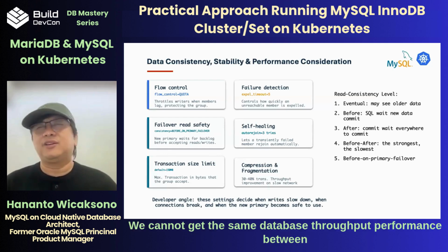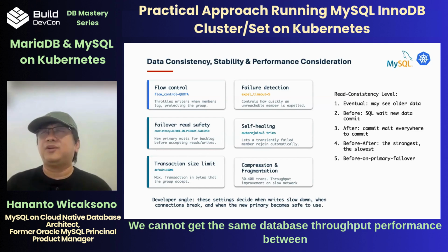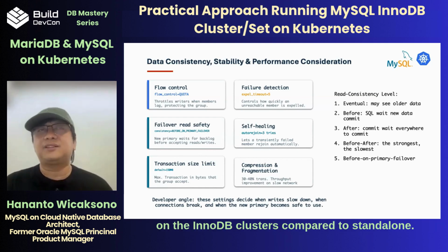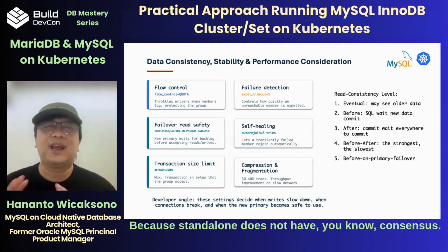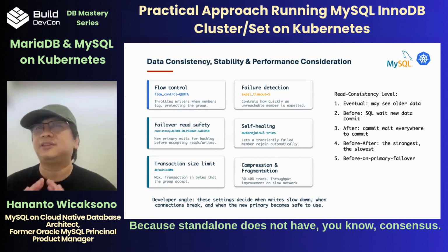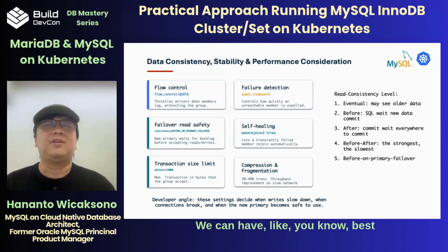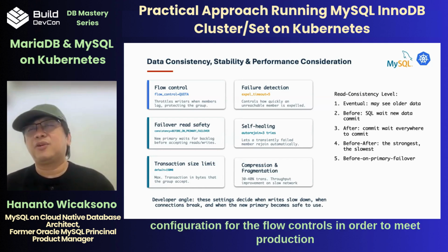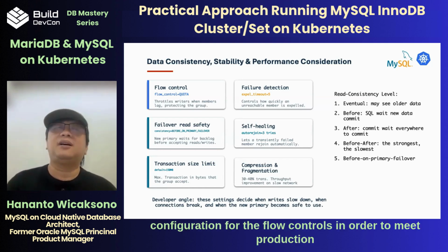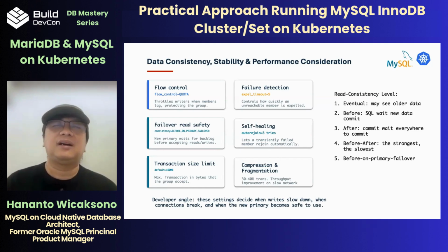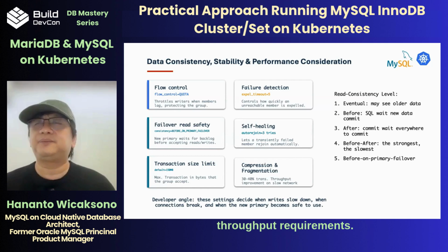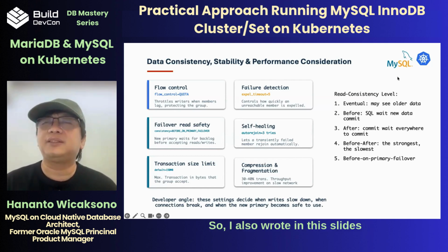We cannot get the same database throughput on InnoDB clusters compared to standalone, because standalone does not have consensus, does not have a quorum process and so on. But at least we can have the best configuration for flow control in order to meet production throughput requirements.